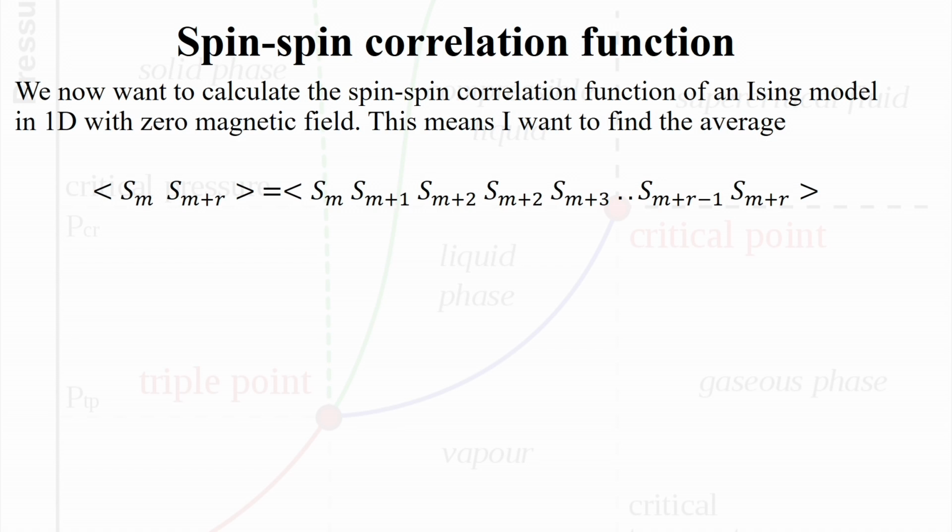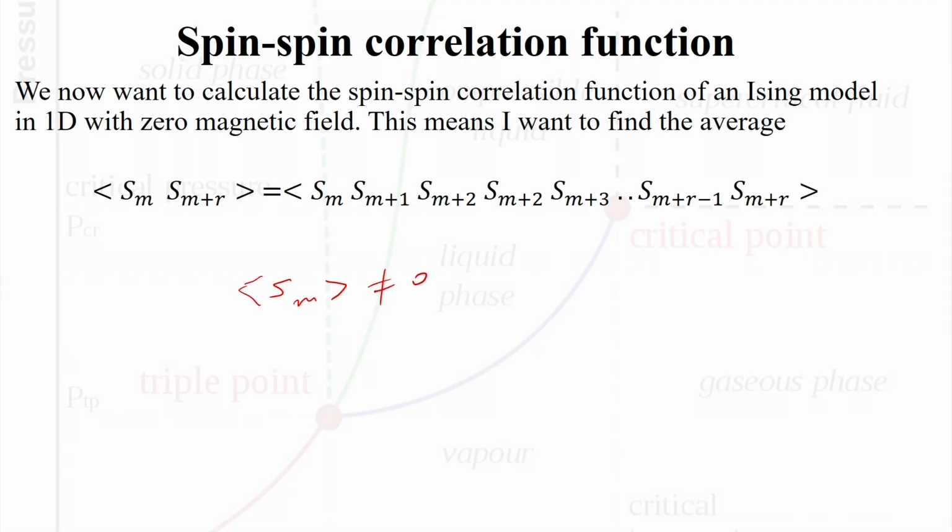So, the idea is that, of course, if you have a magnetic field, you expect the net spin, the average spin at a given site, to be non-zero, because the magnetic field is going to bias the system, so that the probability that the spin is up or down will be different.